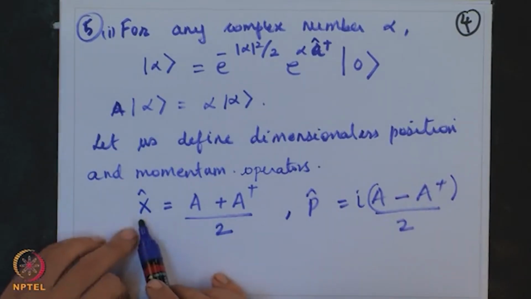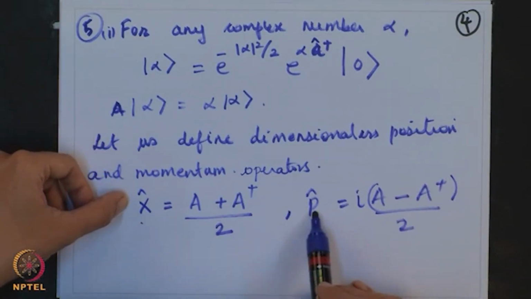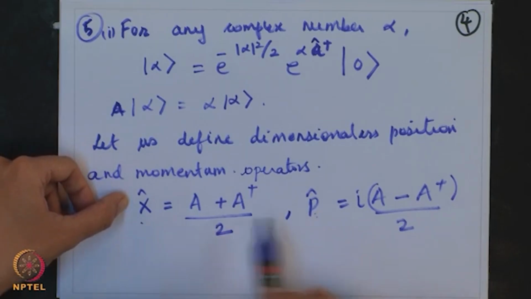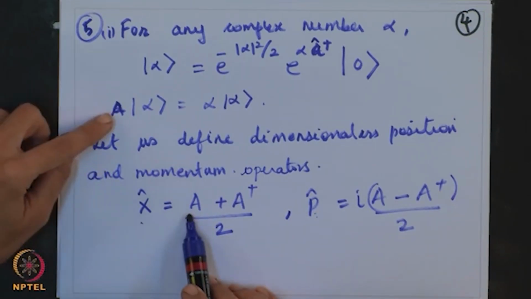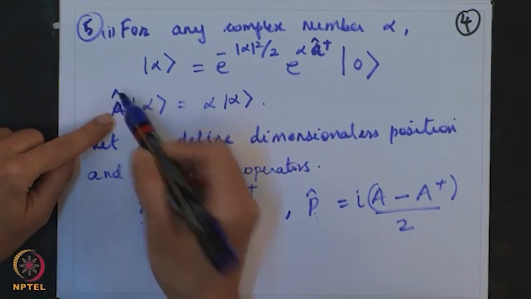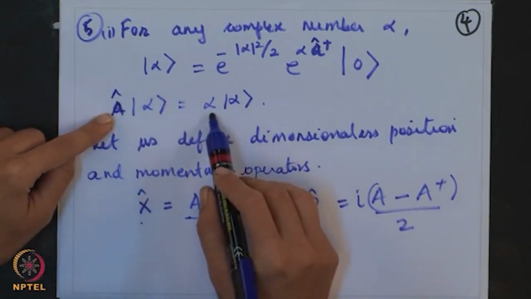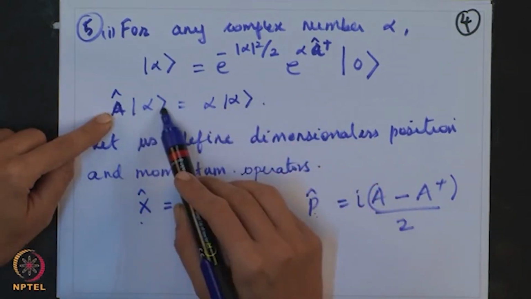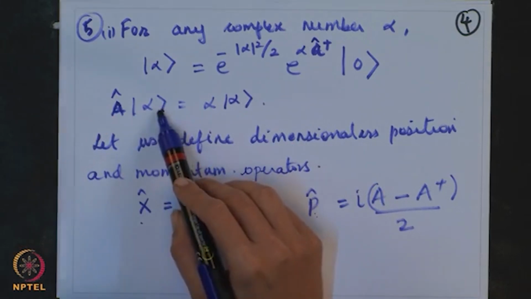So, this is a position operator x and the momentum operator p, which are defined in terms of the operator A, which has eigenvalue alpha when you operate it on the eigenket alpha.